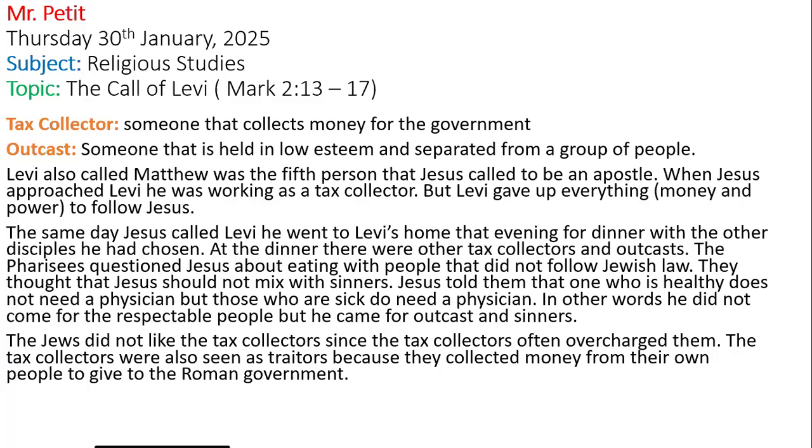And who was the outcast? Go ahead, Alara, who's an outcast? Someone that is held in low esteem or separated from a group of people. Very good.